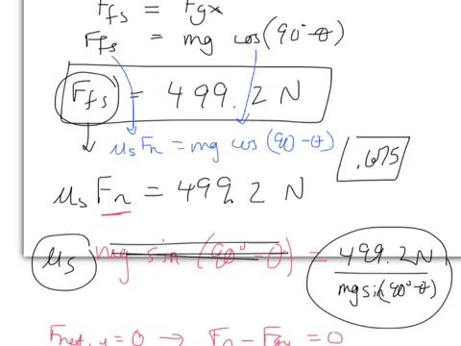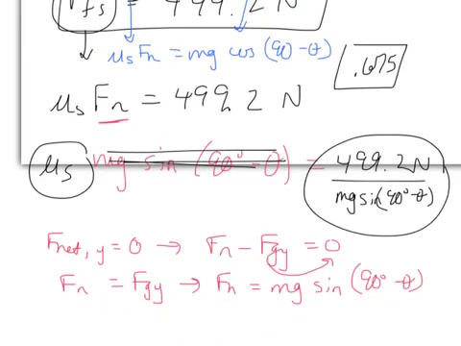A moment ago, we replaced this Fn with its expression from the y direction, which we calculated for Fn to be this expression. If I place it in right here, and then I divide through by it, I'm going to have mg cosine of 90 minus theta over Fn as my answer, but that's this, mg sine of 90 minus theta.